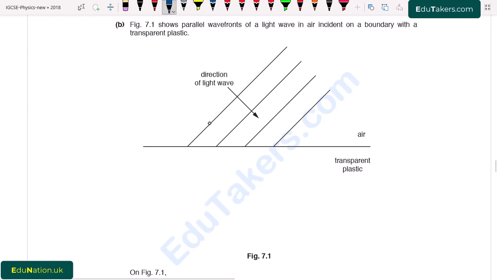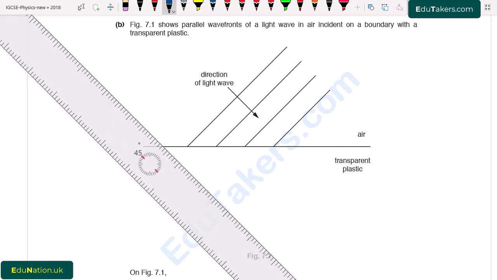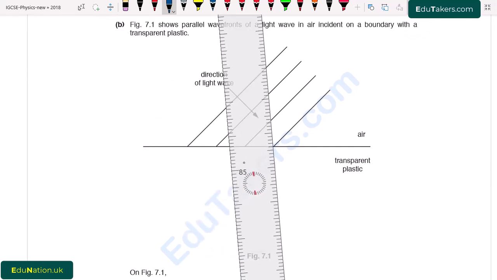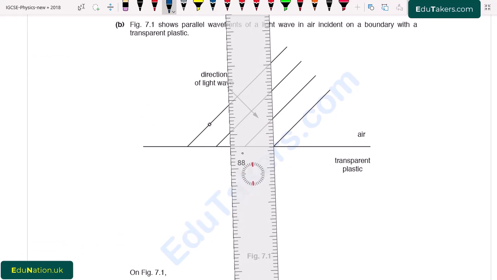For that, first of all, we draw the normal on these wavefronts. So I am going to draw the normal using the ruler. A normal line is any line that is perpendicular to the surface.